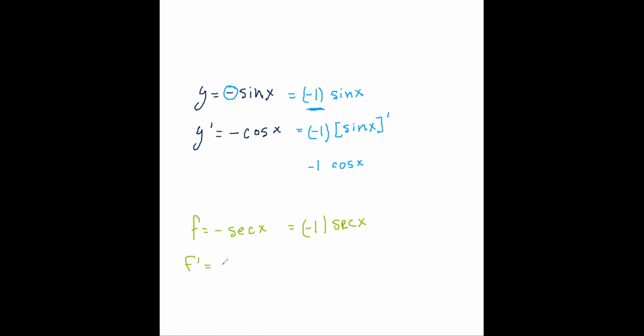So f prime is going to be -1 times the derivative of secant x, and that is going to be -1 times secant x tan x, or negative sec x tan x. Yep.